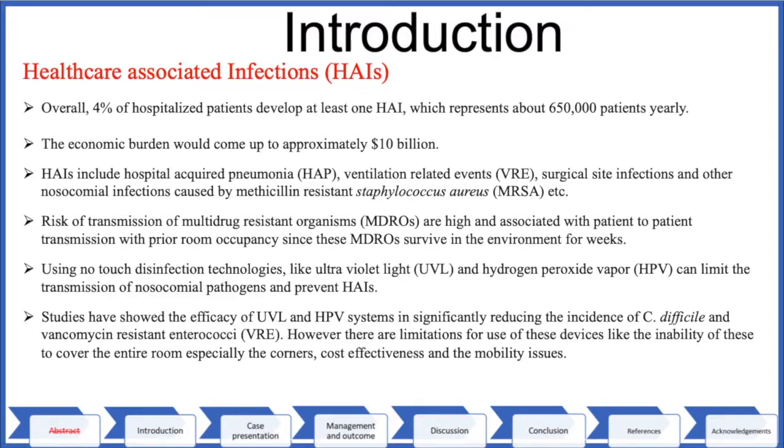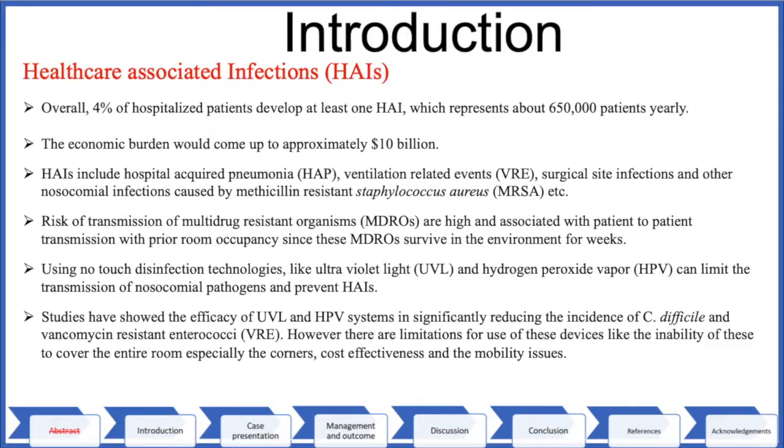So using no-touch disinfection technologies like ultraviolet rays and hydrogen peroxide vapor, they can limit the transmission of nosocomial pathogens and prevent HAIs to some extent. But even though there are a lot of studies which showed the efficacy of UV light and HPV in significantly reducing C. diff infections and vancomycin resistant enterococci, there are certain limitations of these devices.